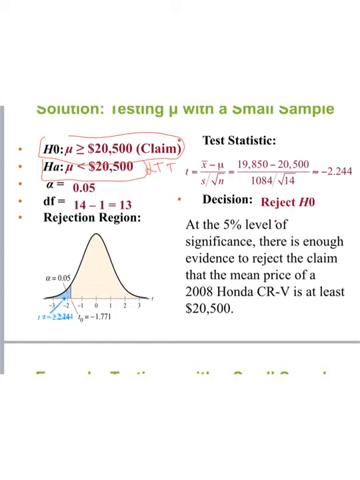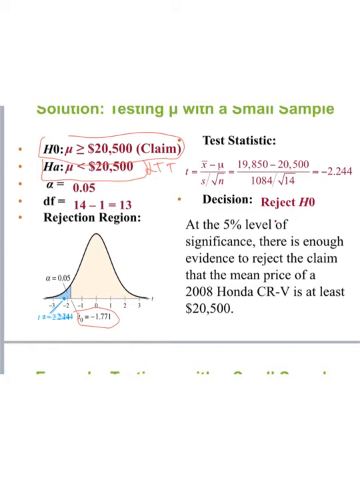Once you know this, you take your level of significance given, sketch the graph, and find the critical value, like this one, from the t distribution that has 0.05 area to the left.